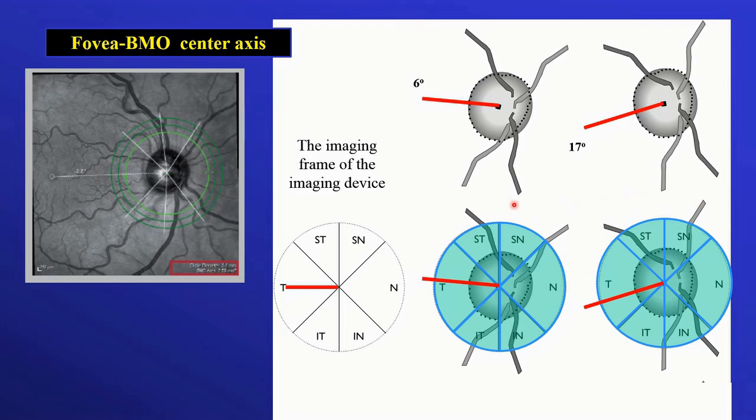This axis can be any degree between 6 degrees above the horizontal down to 17 degrees below the horizontal. Actually, after determining the exact axis of the patient, the software starts to rotate the image so that at the end, this axis should be 100% horizontal.